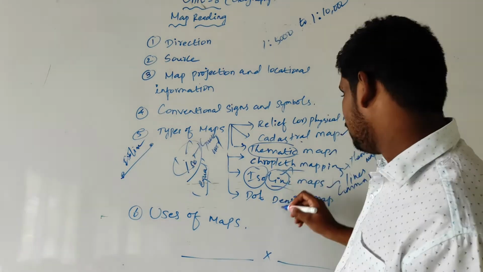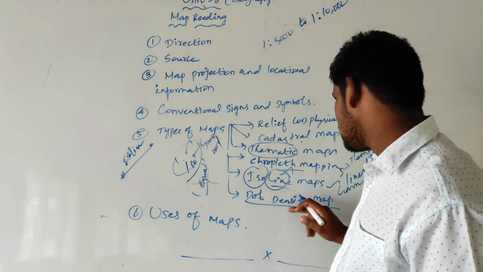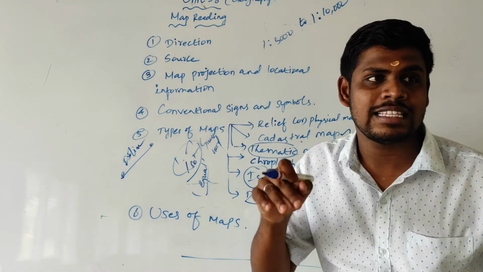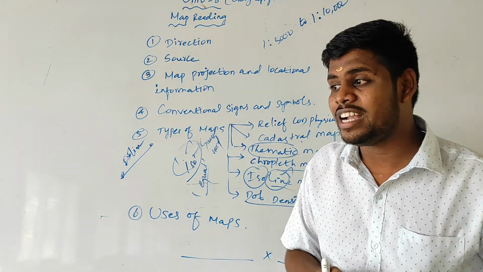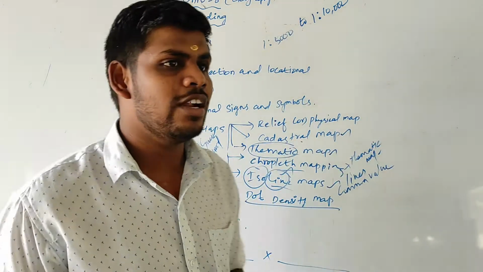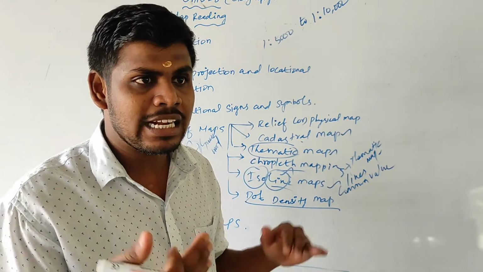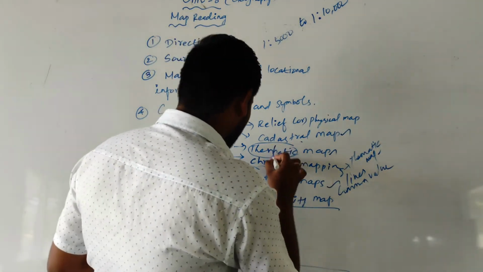Next we will discuss the last map, the dot density map. A dot density map is a type of which map? Thematic map.